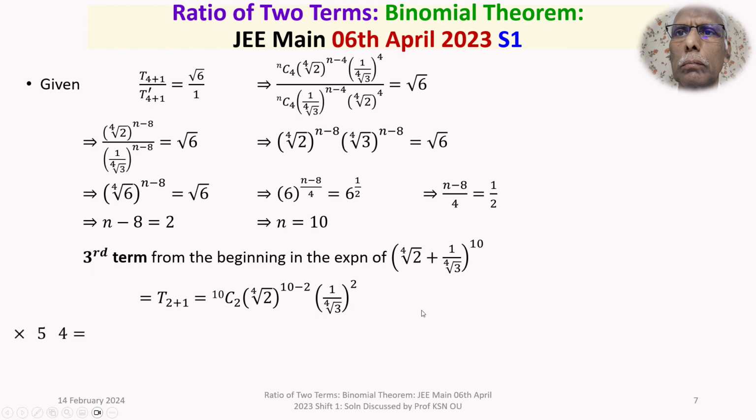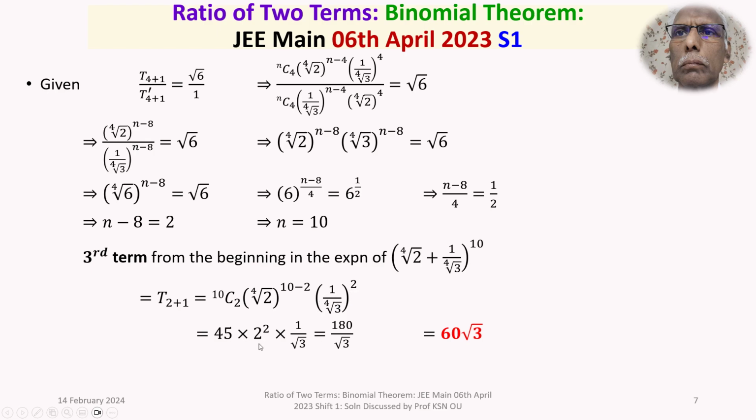And that will be equal to 10C2, which is 10 into 9 by factorial 2, that is 45. This is 2 to the power of 10 minus 2 by 4, that is 2 square, and this is 1 by root 3 after making the square of it.